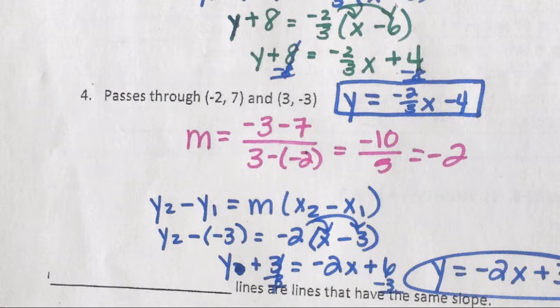Y equals negative 2x plus 3. Your group gets the point.